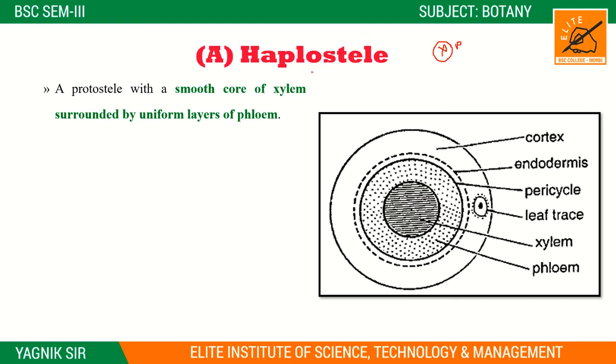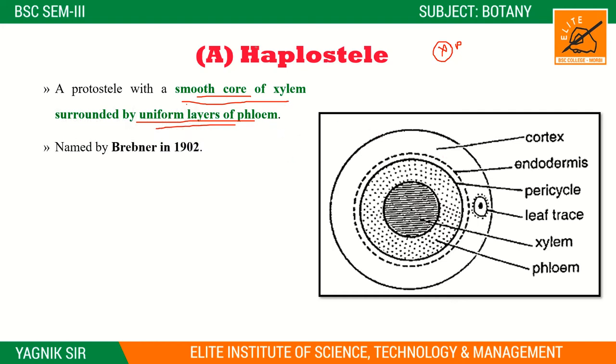And normally it is a hard core of the xylem, right? So here a smooth core of the xylem is surrounded by a uniform layer of the phloem. This is the only difference, right? Normally xylem is surrounded by phloem, but here there is a smooth core of xylem and a uniform layer of phloem, right?